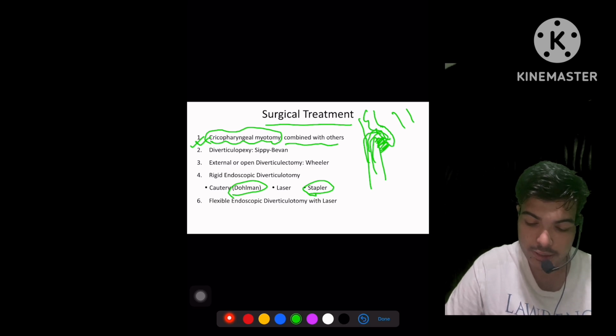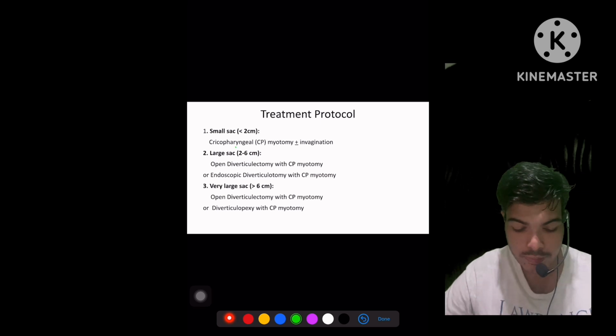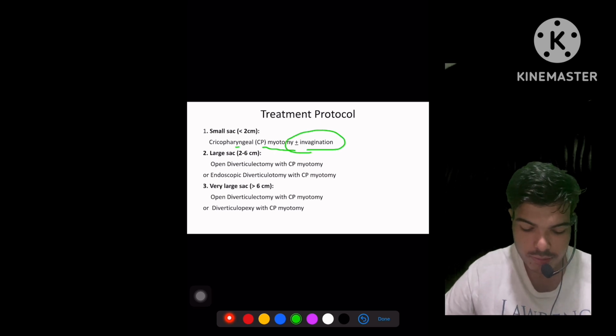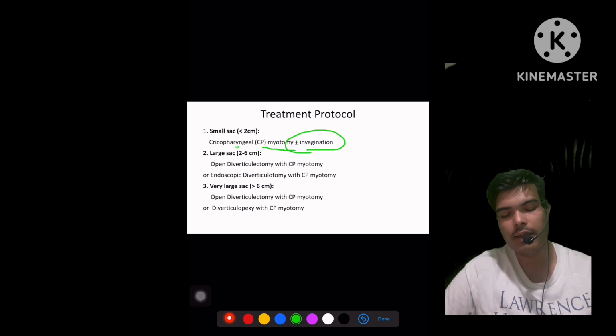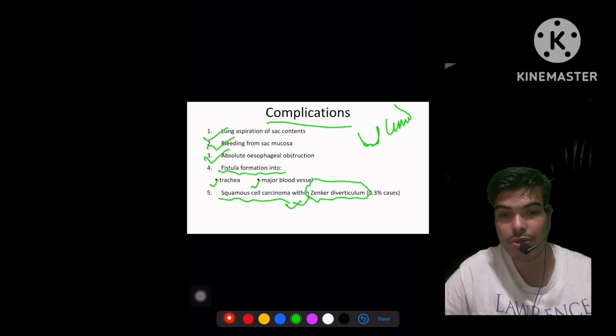So the treatment protocol: cricopharyngeal myotomy plus or minus invagination, open diverticulectomy. So just understand the basic concept of Dolman's operation and Zenker's diverticulum. You need to understand that, okay.